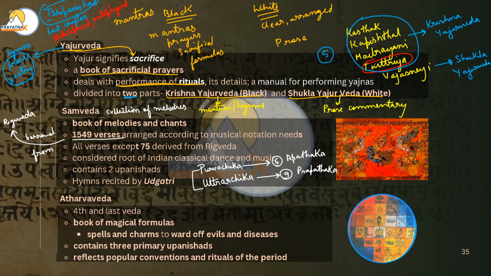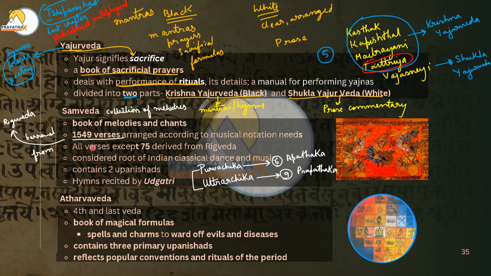So summarizing again, Samaveda is nothing but a collection of melodies. It also contains chants. The verses here are borrowed from Rigveda and they are arranged in a way which meets the needs of musical notation.